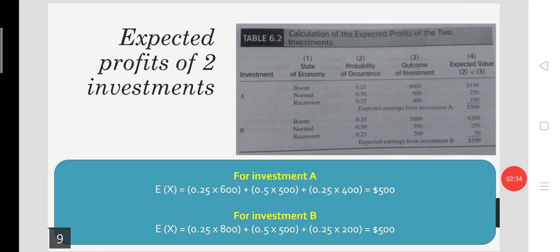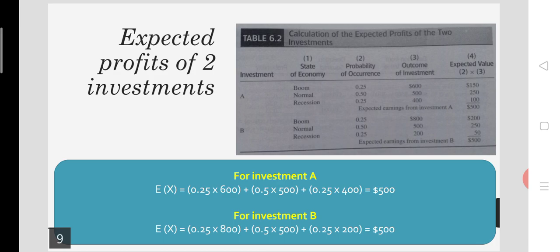I have listed two examples for you from the textbook authored by Dominick Salvatore, titled Principles of Microeconomics. These examples are related to an investor who is going to invest in two investment projects, project A and project B. He is in real confusion about which investment project should be chosen, which is less risky or better than the other.